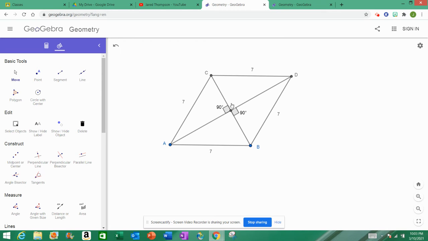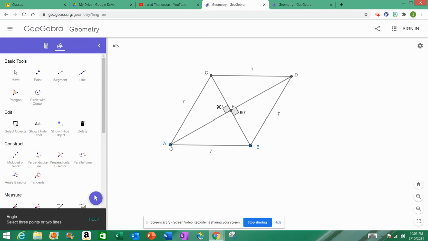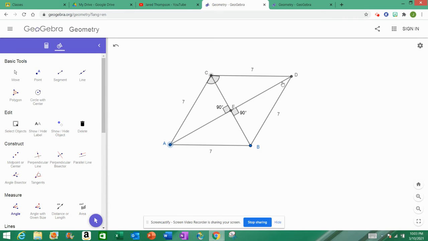Now we're going to look at what happens when the diagonal intersects the opposite angles. So let's find out what the actual big angle measurement is. That entire big angle is 120 degrees. Now I want to see what happens when we measure each little piece.